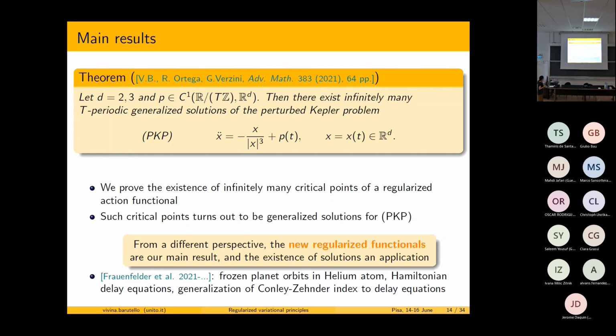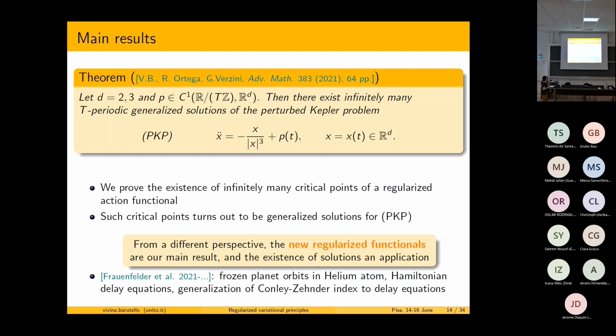Now the group from Augsburg of Urs Frauenfelder, Reizao, and other collaborators have applied this technique. They contacted us to let us know that they were working on this. They applied this technique to many interesting situations, in general Hamiltonian equations with a delay.